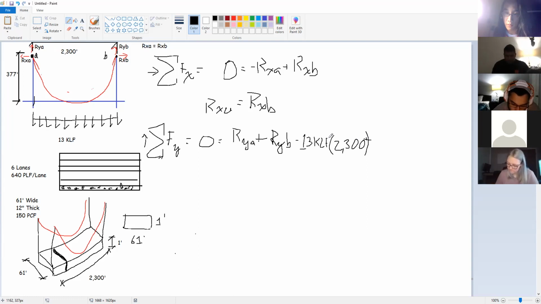This foot mark cancels out with this. So it's just 13 kips times 2,300. I'm just going to move this to the other side, RYA plus RYB, and this is going to switch from negative to positive. So it's positive 13 times 2300.